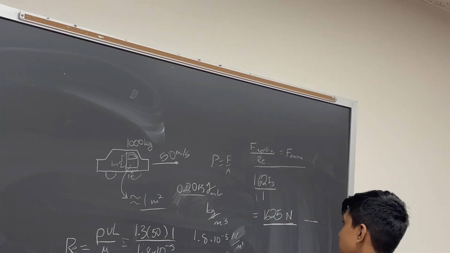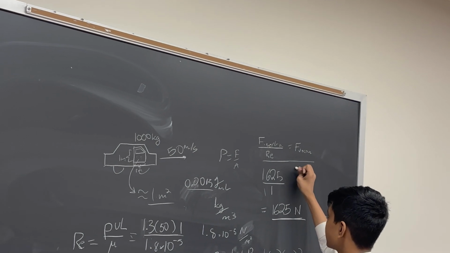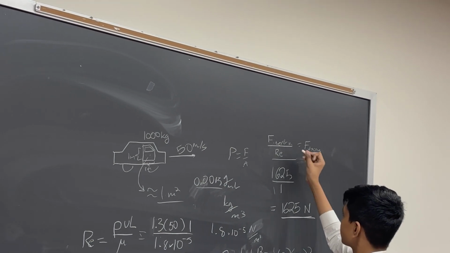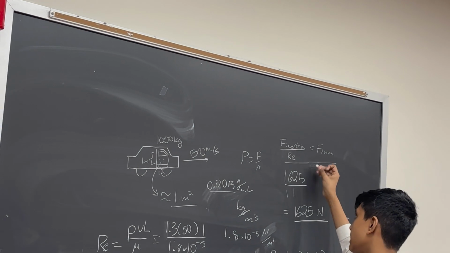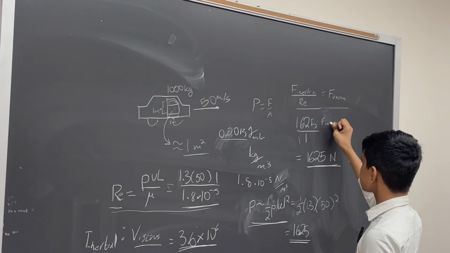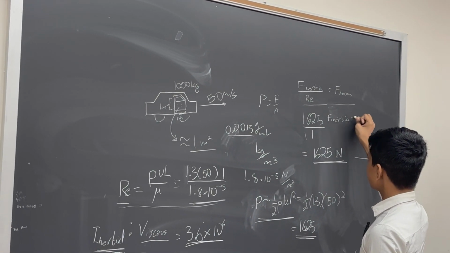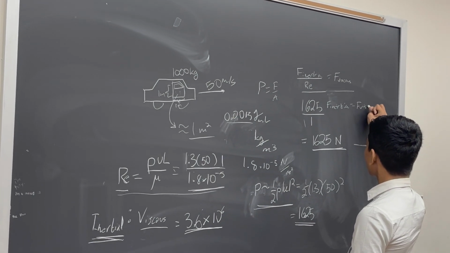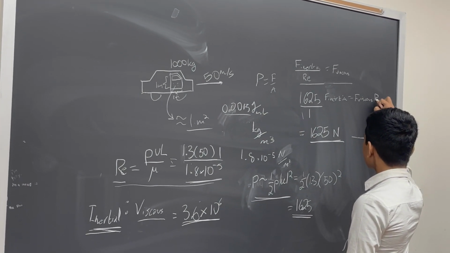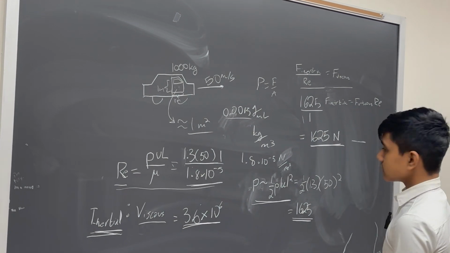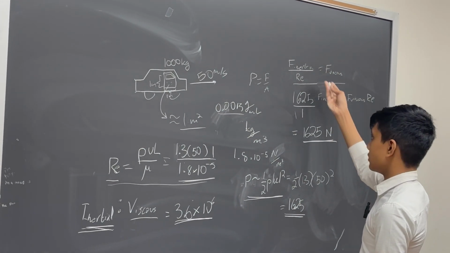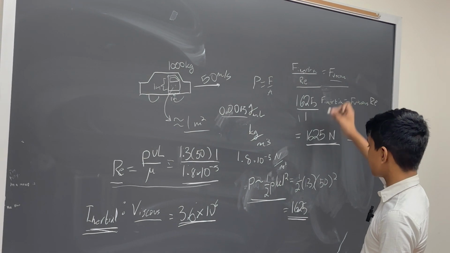In this case, you can do the exact same thing: F inertia is equal to F viscous times the Reynolds number. So then you can calculate F viscous via the very same method.